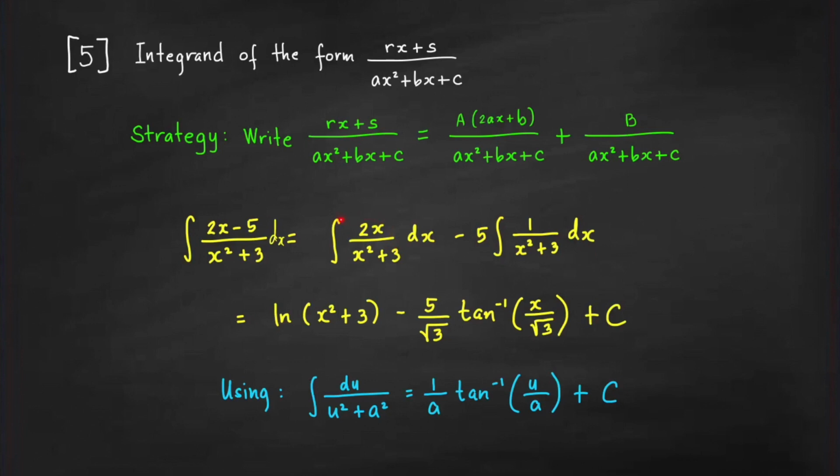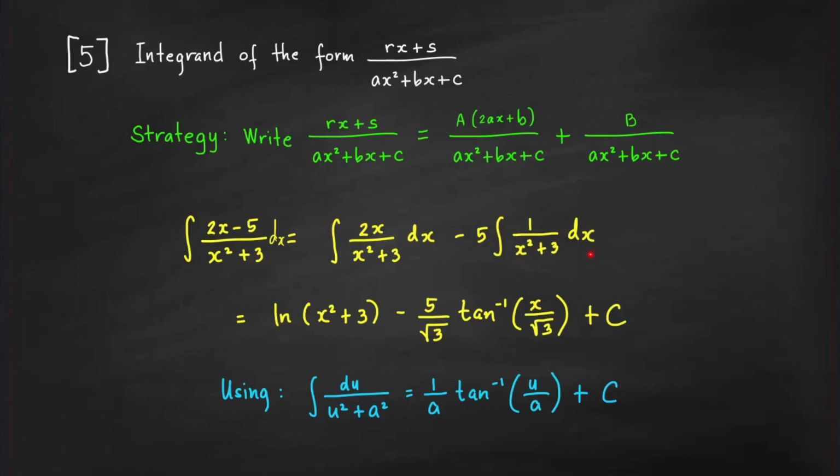And to evaluate this first integral, we just use u substitution. So if the denominator is our u, this 2x dx is just our du, so integral of du over u is ln absolute value of u. But in this case, the u, which is x squared plus 3, is always greater than 0, so we ignore the absolute value and just replace it by a grouping symbol.